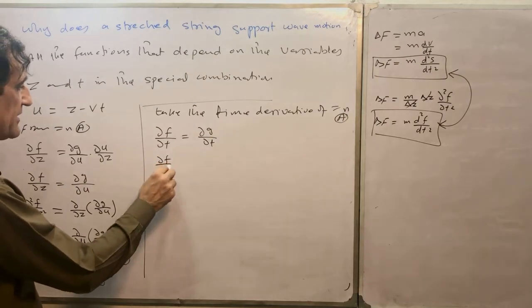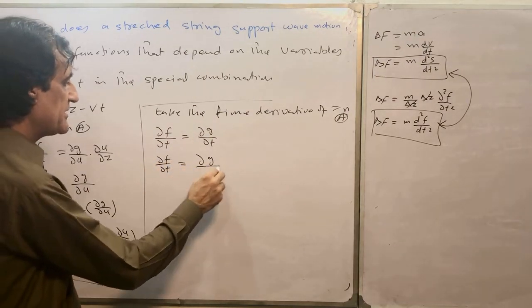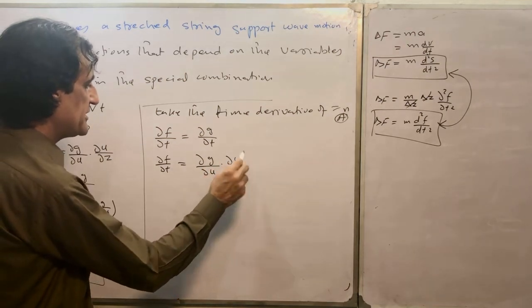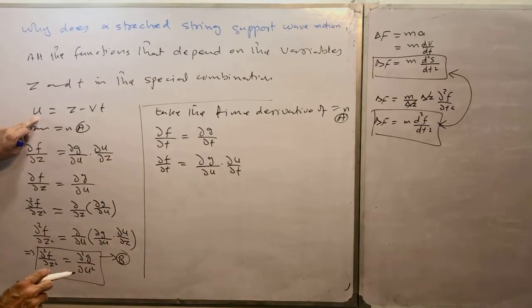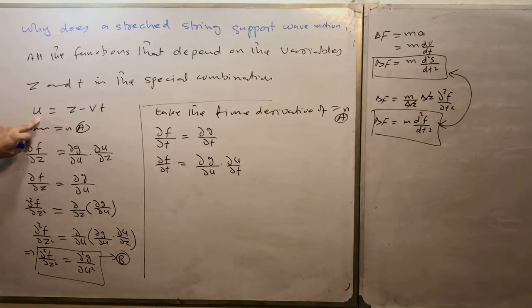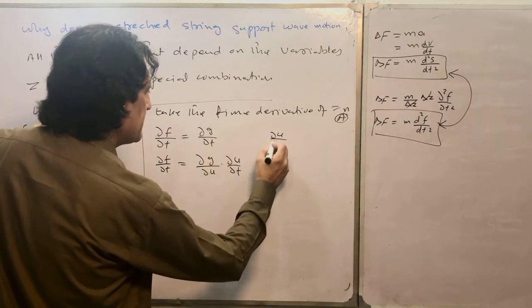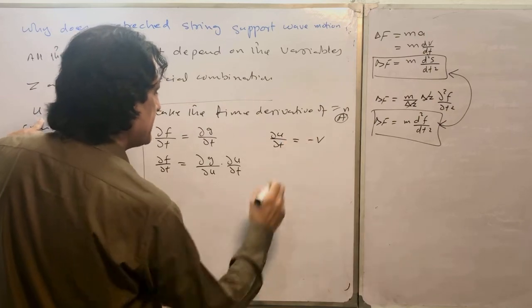Then partial f divided by partial t is equal to partial g divided by partial u and partial u divided by partial t. Now, if I differentiate u with respect to t, then I will have partial u divided by partial t, which is equal to minus v.